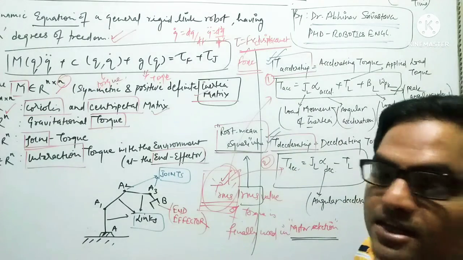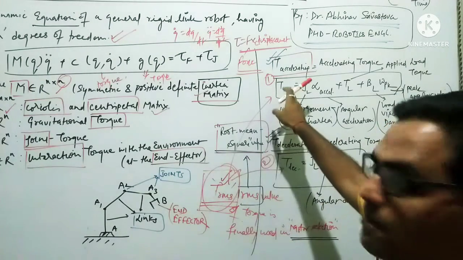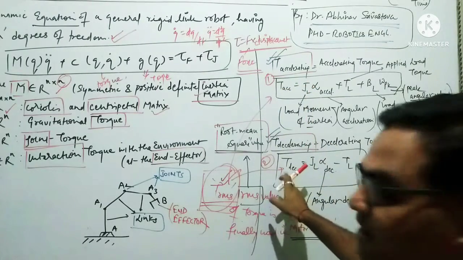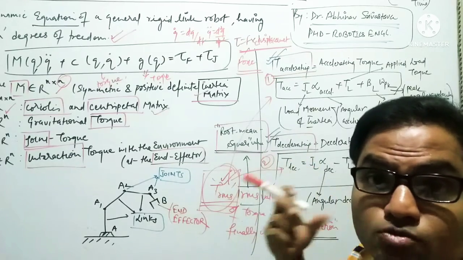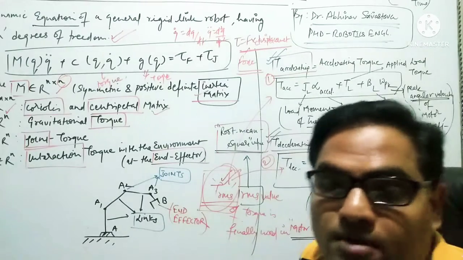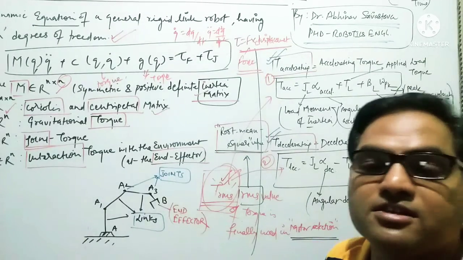A formula collects the RMS value through some mathematical operations on T acceleration and T deceleration, and finally we compute T RMS, which contains the original energy content that has to be considered for the selection of the robotic motor and robotic joints.